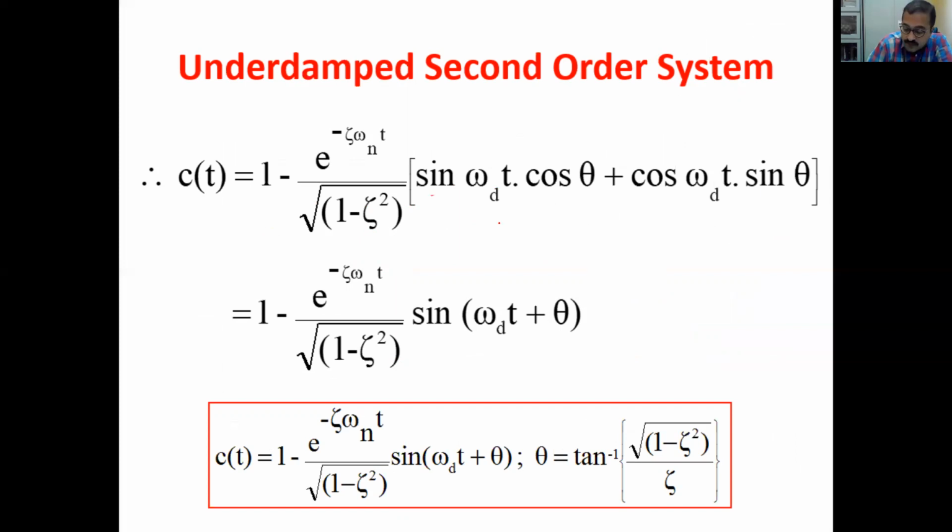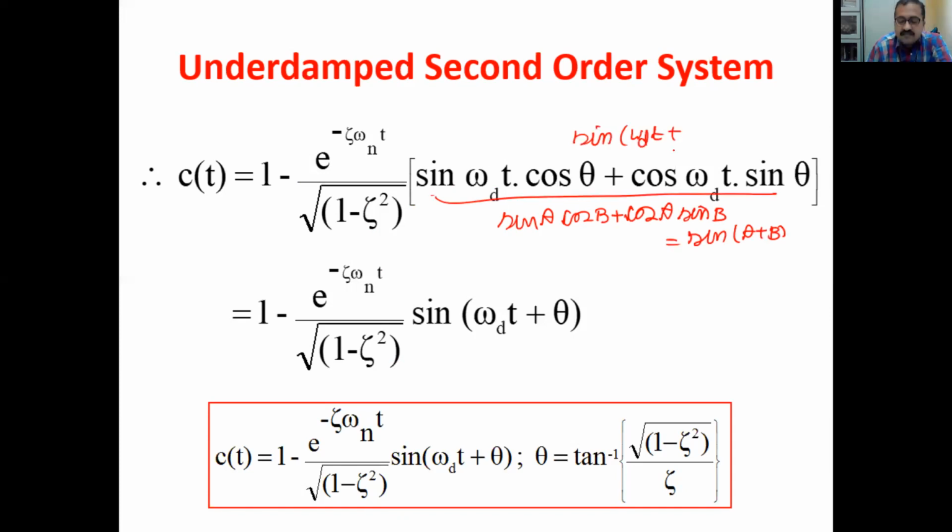This is of the form sin A cos B plus cos A sin B. What is that? Sin of A plus B. So this term can be written as sin of omega d t plus theta.